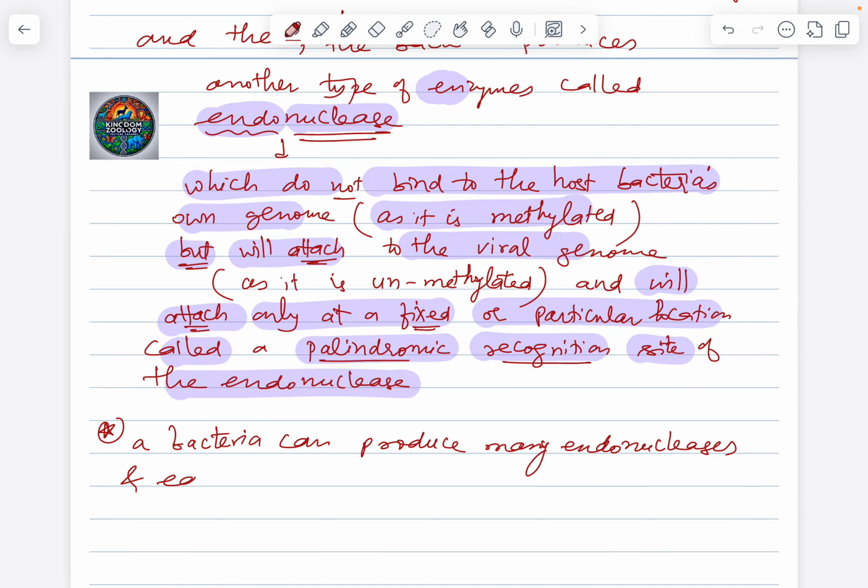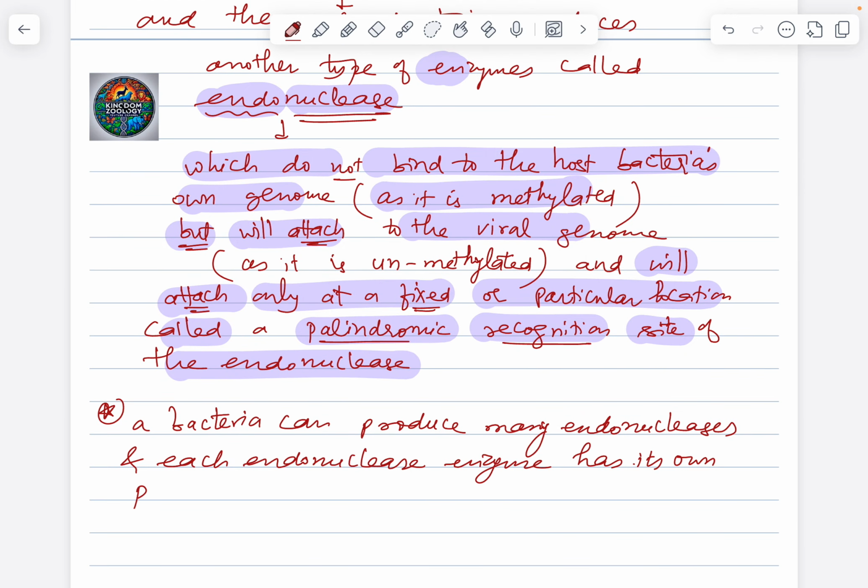And each endonuclease enzyme has its own particular fixed recognition site.